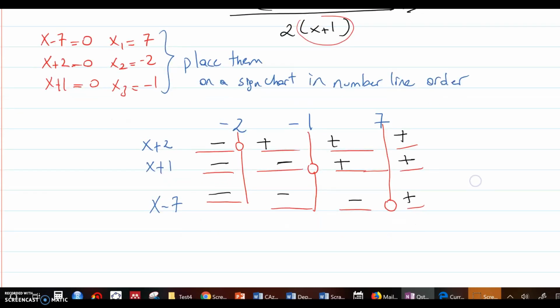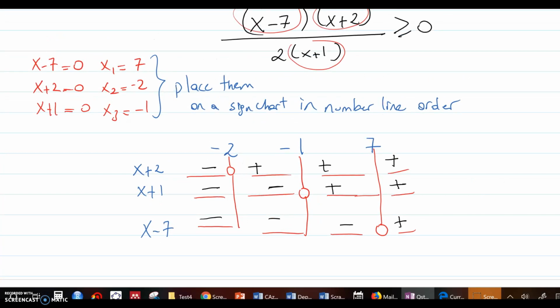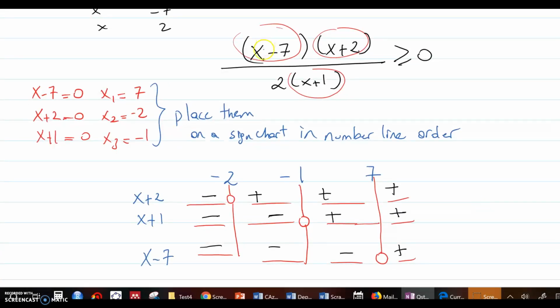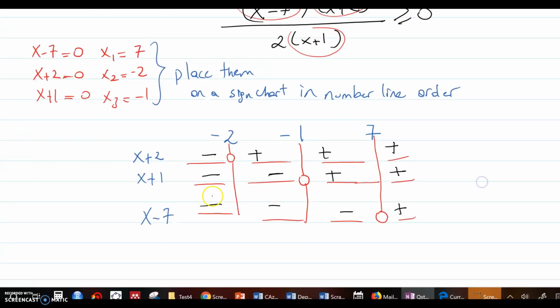Now, I am doing a 3-term operation here. I'm multiplying 2 terms and dividing, and I want that operation to be greater than or equal to 0. So I will be doing those things by looking at the sign chart. So 3 negatives will be negative. That will give me positive. That will give me negative. That will give me positive.